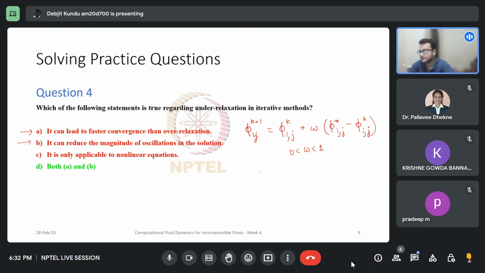Now what happens is, let's say we have something like this. This is the number of iterations, and here on the y-axis, let's say we have the value of phi I comma k. So let's say we started off from some guess value, then we added some correction to it.